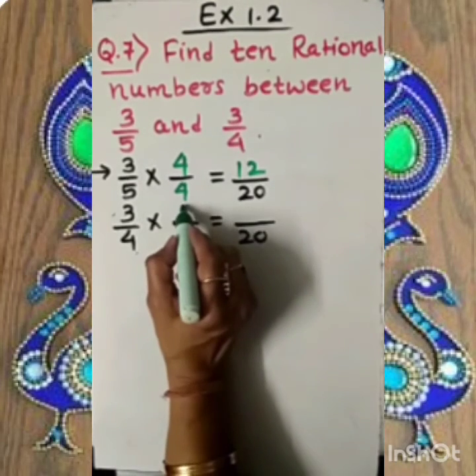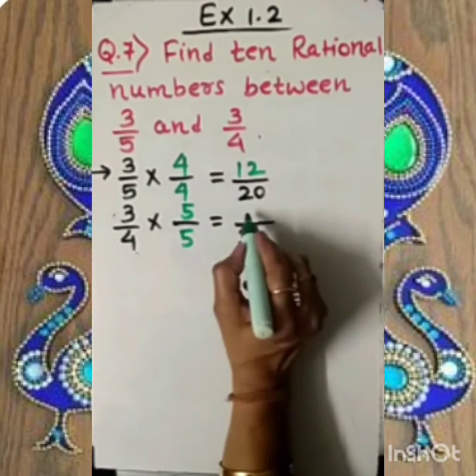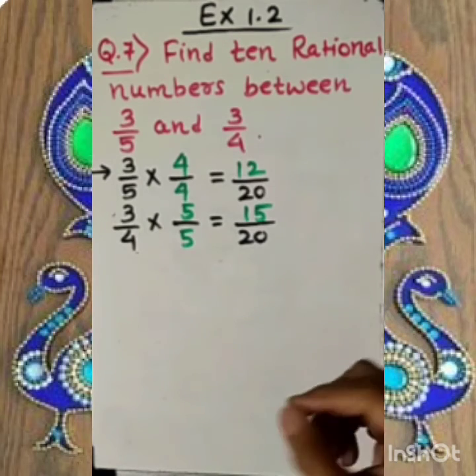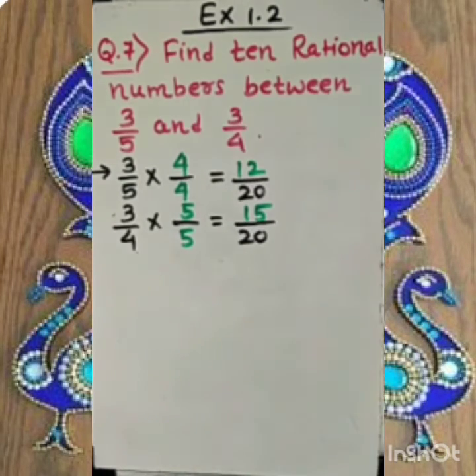With the same number we have to multiply the numerator. 3 5s are 15. So my dear student, now they are like fractions. Between 12 by 20 and 15 by 20, if you calculate, we can mention here only 13 by 20 and 14 by 20.